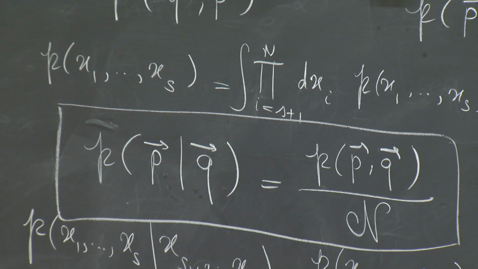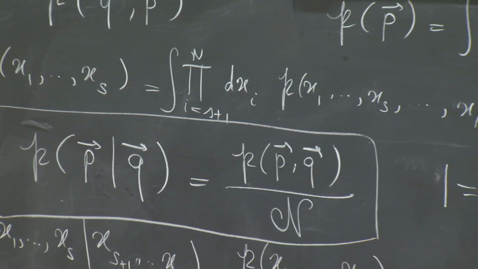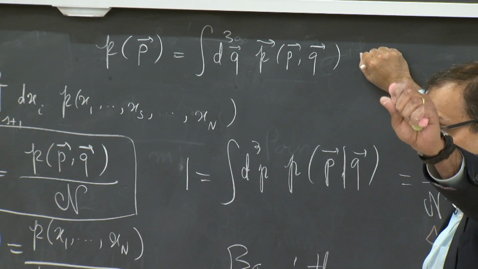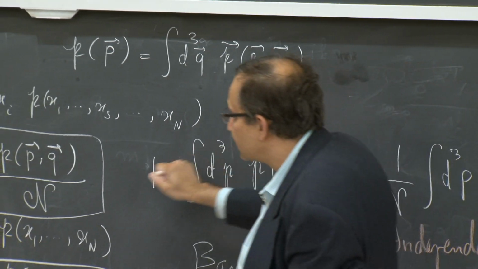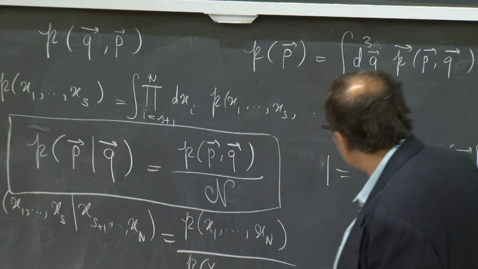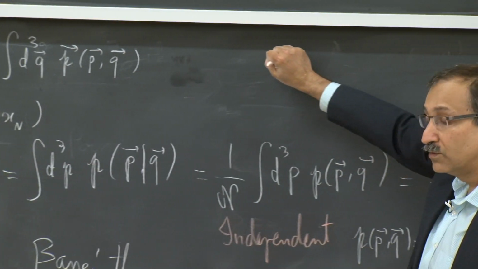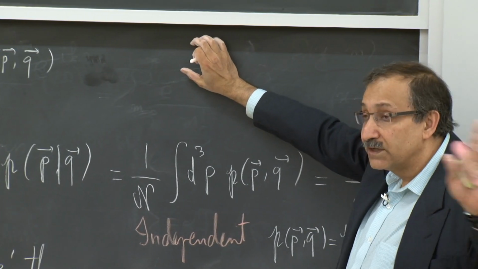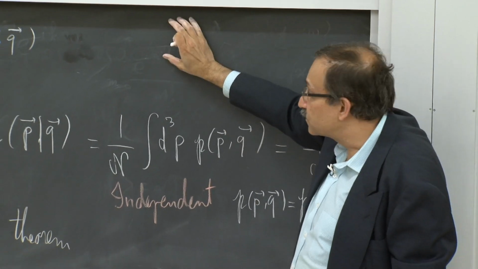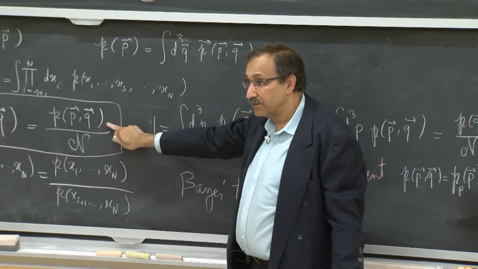I don't really care about other points. However, the answer may depend on whether I'm looking at here or I'm looking at here. So the answer for the probability of momentum is parameterized by q. On the other hand, I say that I know the probability over the entire space to be at this position with the momentum p is given by this joint probability.